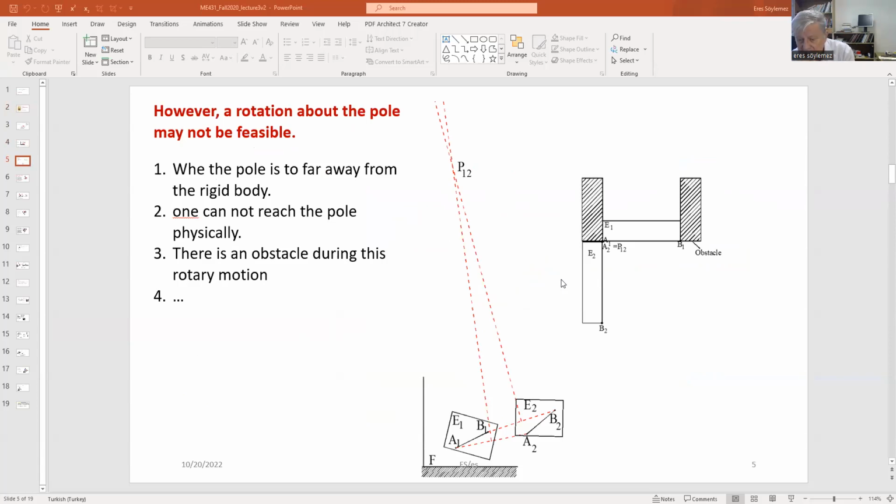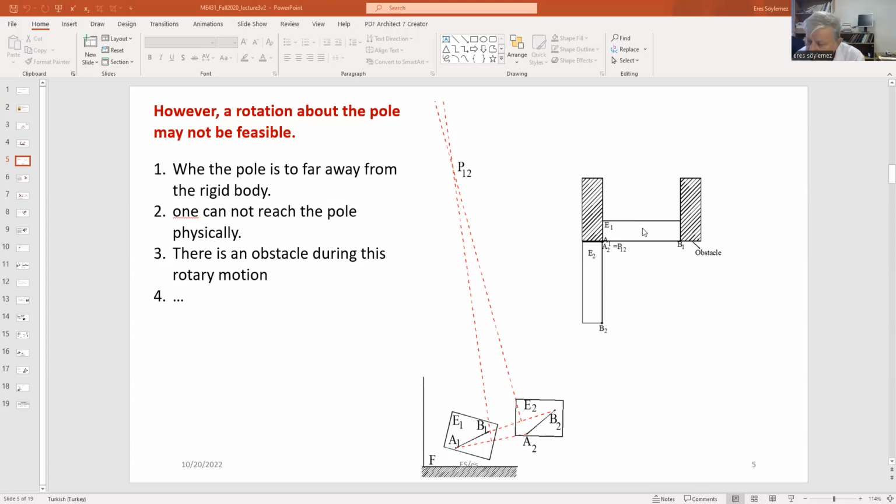Another thing is, consider this case. You have a gate, which is inside two walls, like this, and then it has to be opened like this. Here is the point P12. Can you rotate this rigid body? The answer is no, because the obstacles will not permit you to rotate that rigid body about P12.